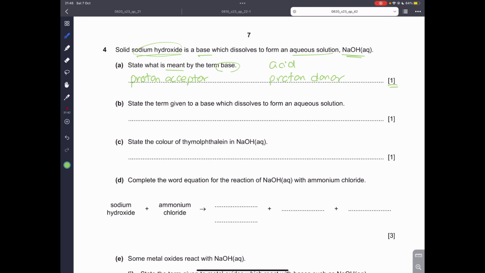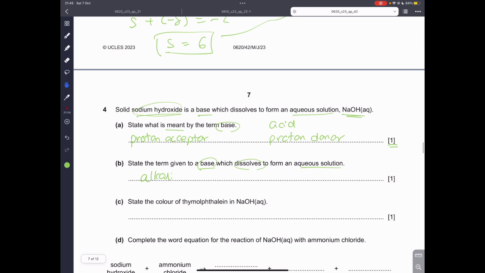So, part B, state the term given to the base which dissolves to form an aqueous solution. Now, this is an alkali. Remember that bases and alkalis are not the same. All alkalis are bases, right? But not all bases are alkalis.